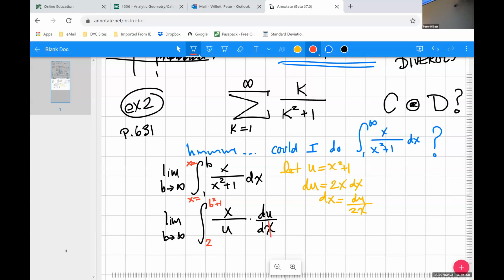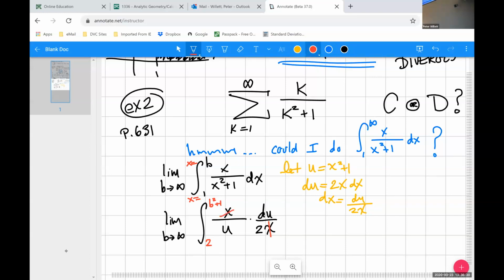And of course, these x's cancel out. I wrote dx instead of 2x. Let me fix that. Because I'm using the substitution for dx equals du over 2x.